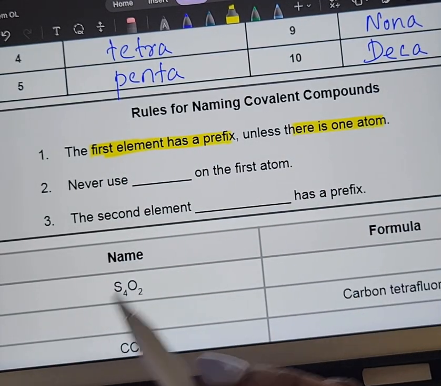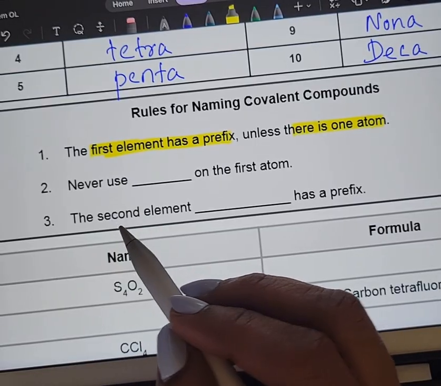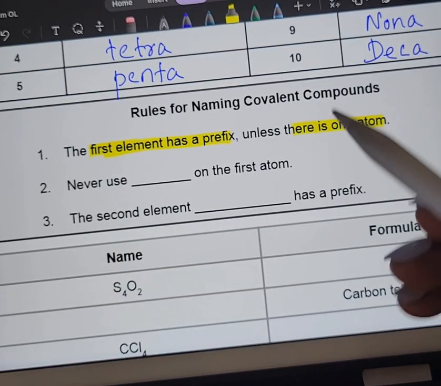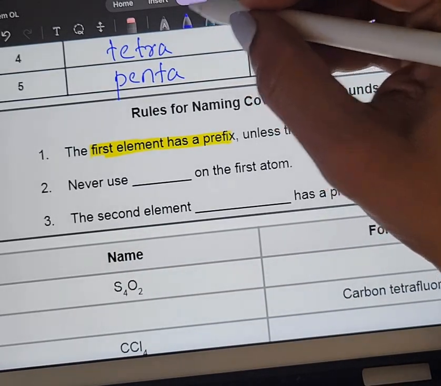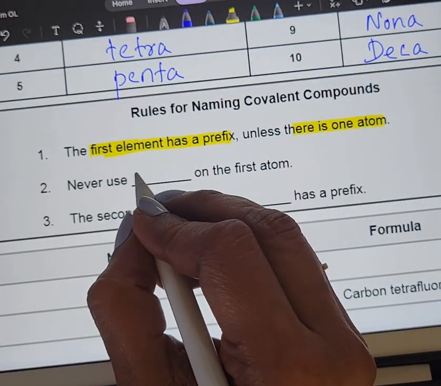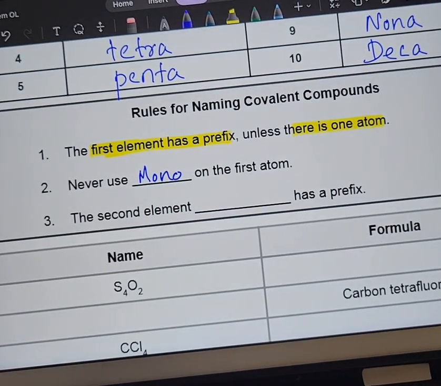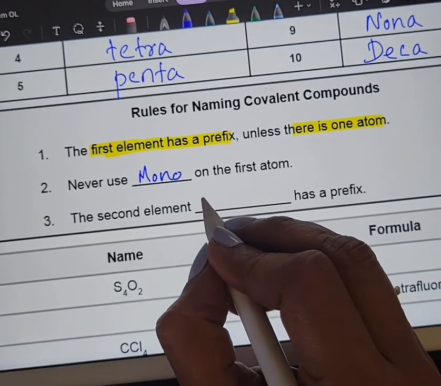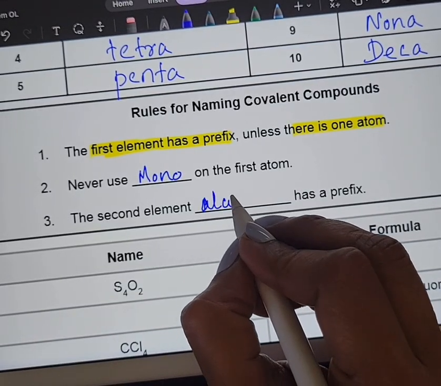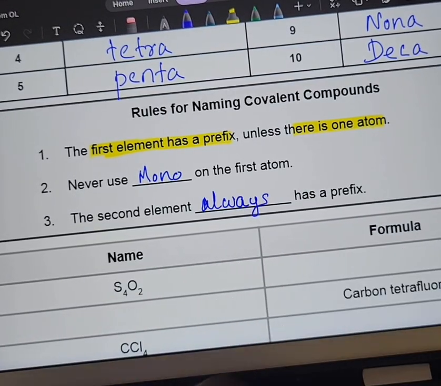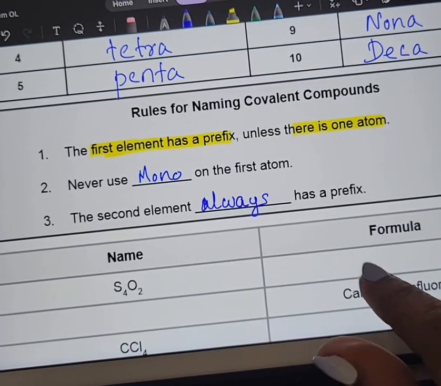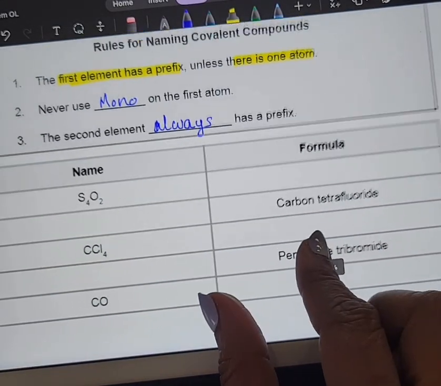That is an exception. Never use prefix if the first atom is 1. Say for example, never use mono on the first atom. Second element always has a prefix. If it is 1, you have to tell that is mono. Okay, let's go ahead and write it.